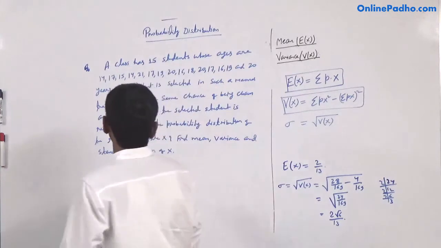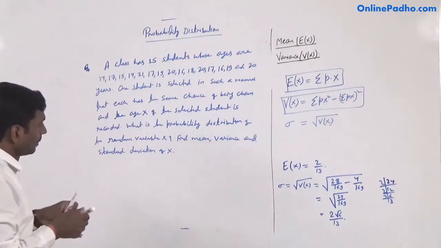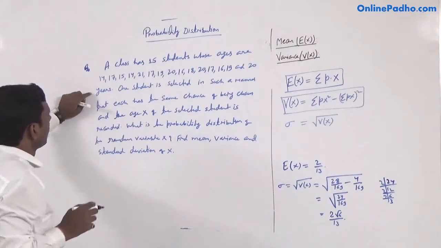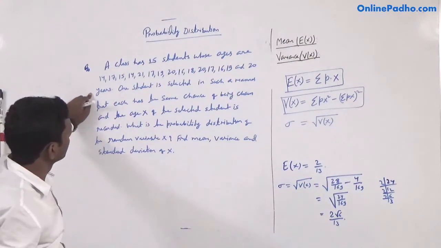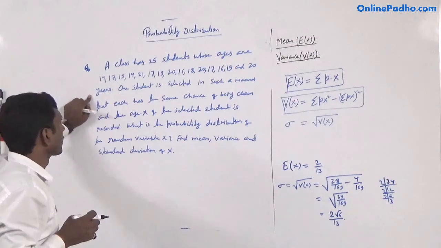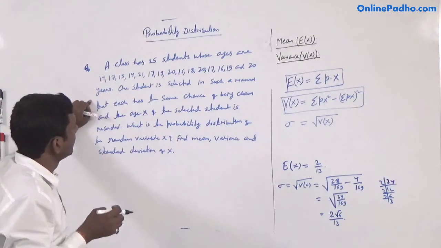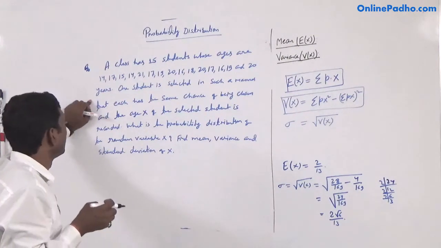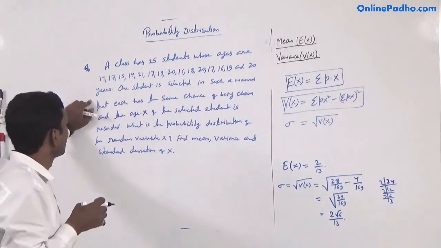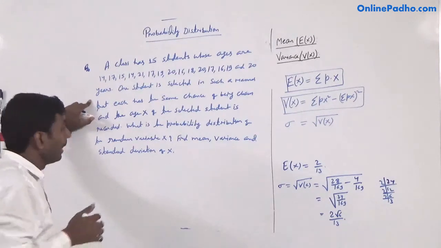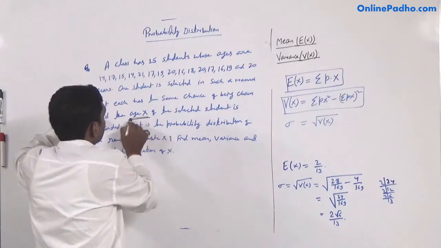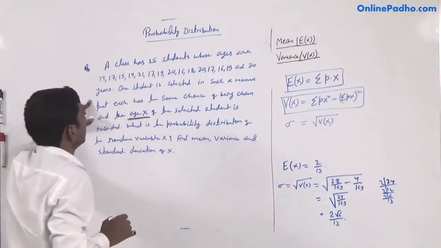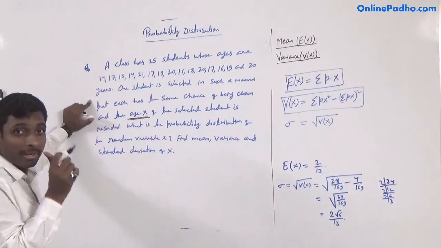Now, a class has 15 students whose ages are given. One student is selected in such a manner that each has the same chance of being selected and the age of the selected student is recorded. The random variable is what? Age, the random variable.